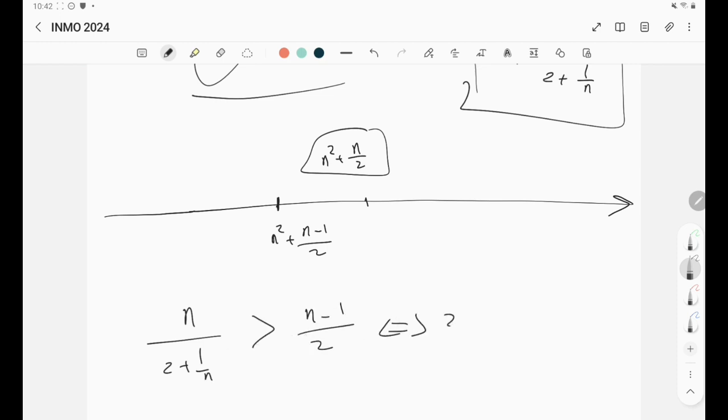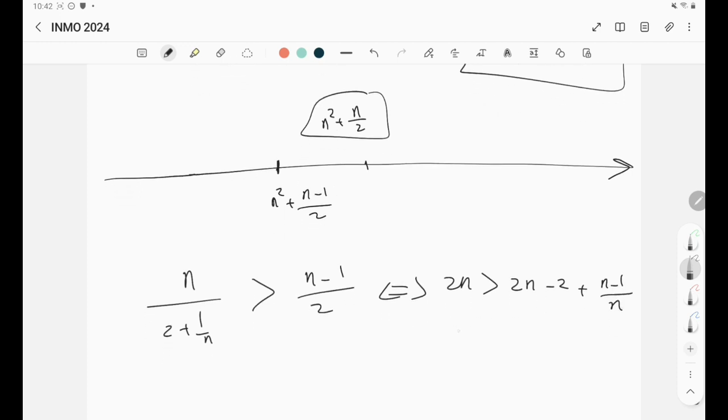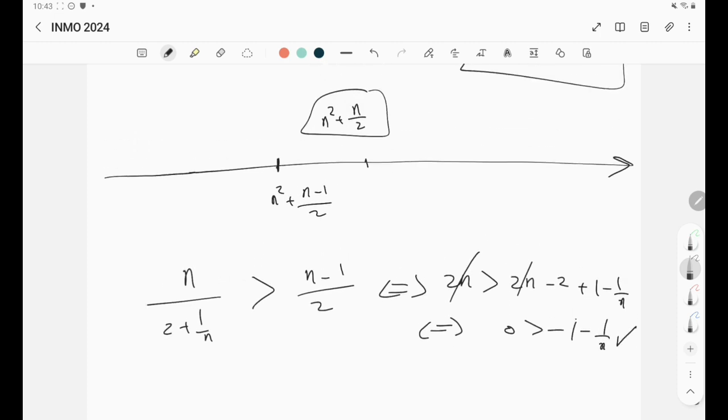This is equivalent to showing 2n is greater than 2n minus 2 plus n minus 1 over n, and of course we can just do it here. 1 minus 1 over n is equivalent to, we cancel this with this, negative 2 plus 1 is negative 1. So it's just 0 greater than negative 1 over n, which is correct. Okay, very good. So indeed it is true.